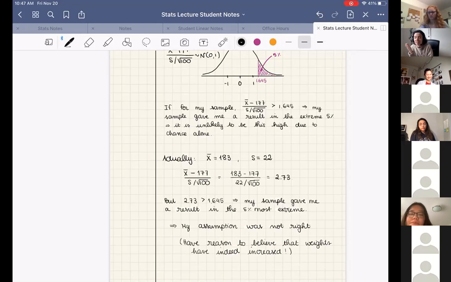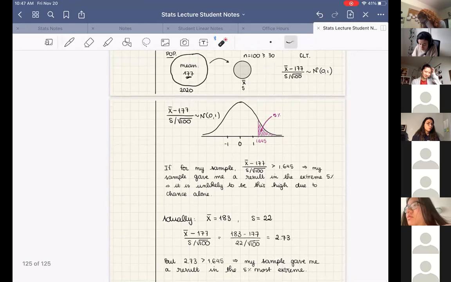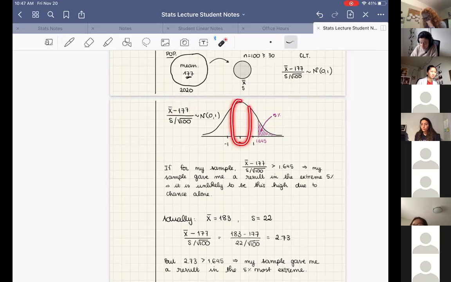So you're asking why 5%? Well, not necessarily the 5%, but more like why in this small region, why are we not considering the big region? Right. Okay. So what this is saying is that if your population had a mean of 177, then from a given sample, you would expect the average to be very close to 177. So it would be somewhere around here, right?